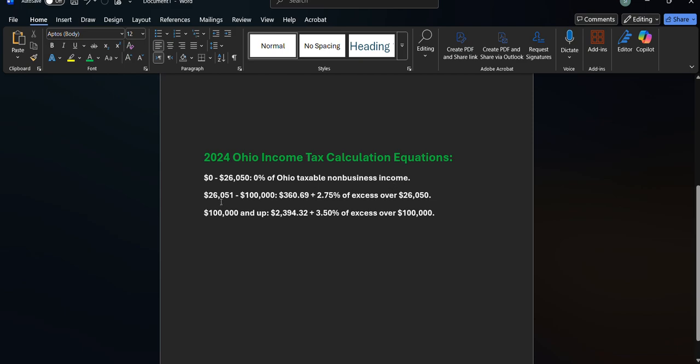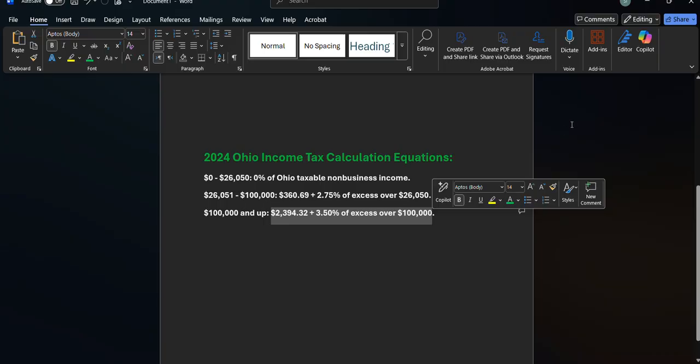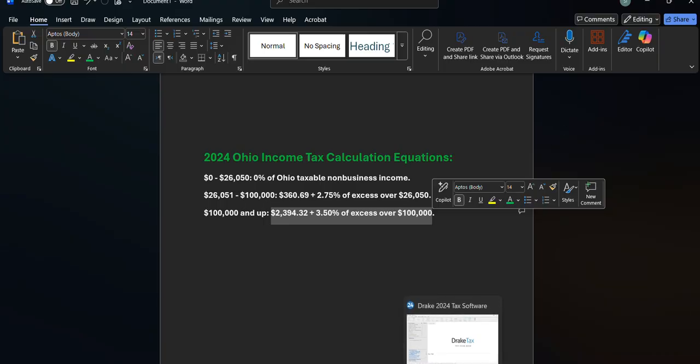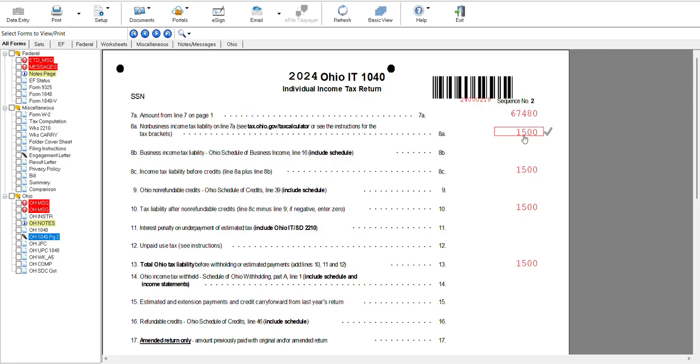After that, from 26 up to 100,000, that's the equation for the people who want to know how the taxes are calculated for Ohio. And if you are exceeding $100,000, this is the calculation for it. So this person is liable for $1,500.